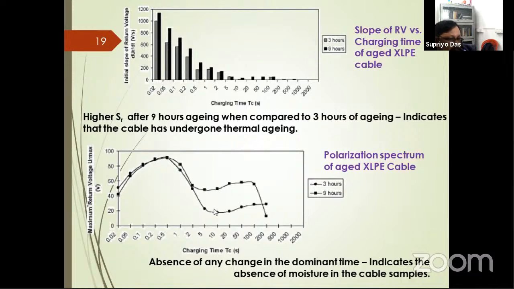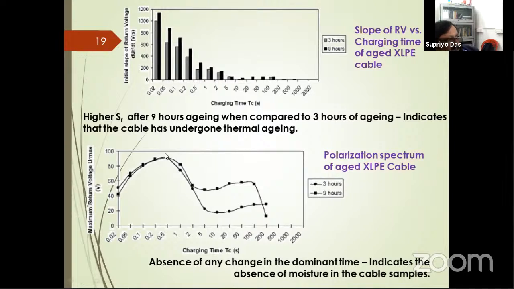In the second one, we have taken the maximum return voltage, or peak, that I have shown. Again with different charging times, it has been plotted, and the first peak in this region is called the dominant time, or dominant time constant.